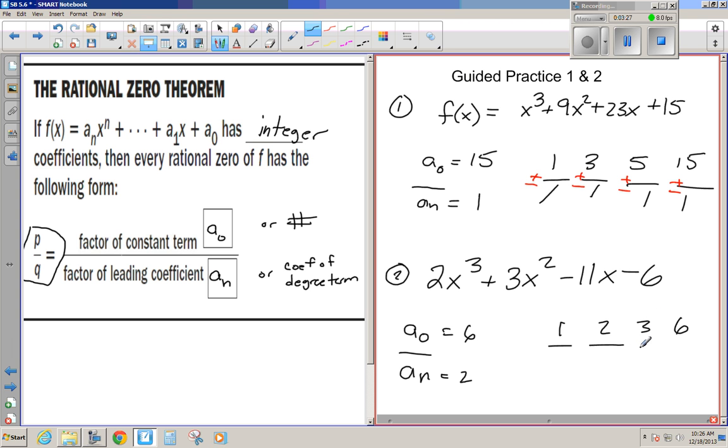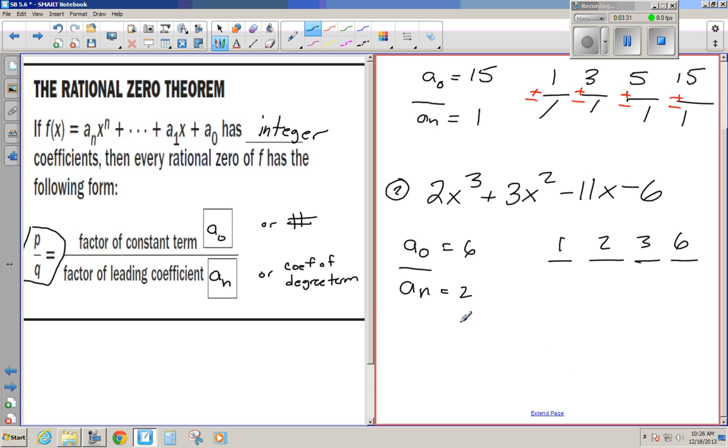But you're going to end up having to do it a couple times, because 2 is 1, 2, which means 1 over 1, 1 over 2, and so on. Those are all possibilities. And again, do not forget that it could be plus or minus for all of these.